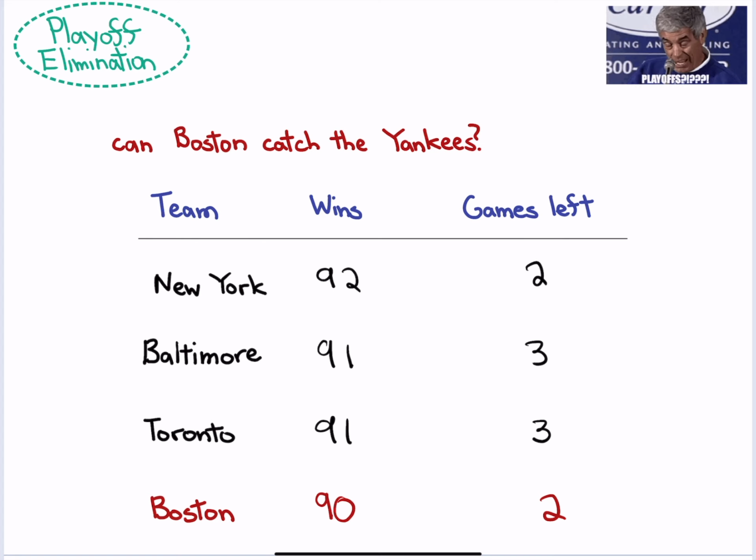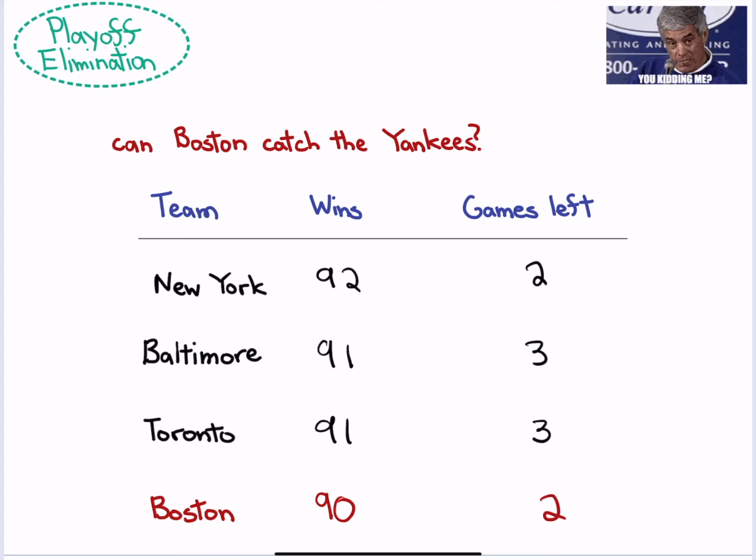So in this example, Boston is 2 games out of tying for first. Maybe the goal is just to tie for first. But in principle, if the Yankees lost, if all the other teams lost all their games, and the Boston Red Sox won both their games, they could be tied for first. Right? So that would be kind of simple. You just subtract and add.